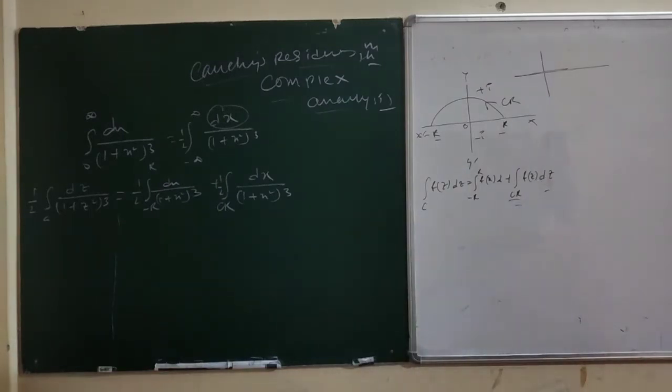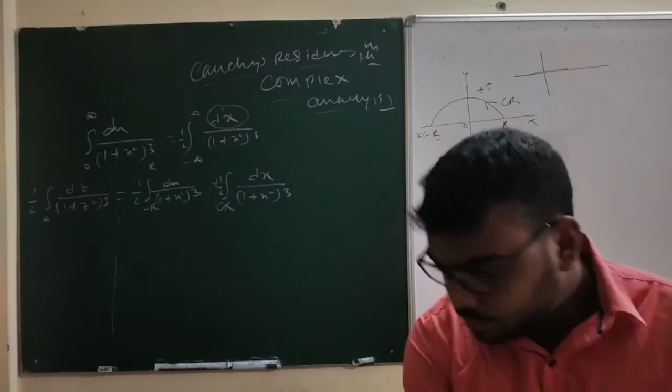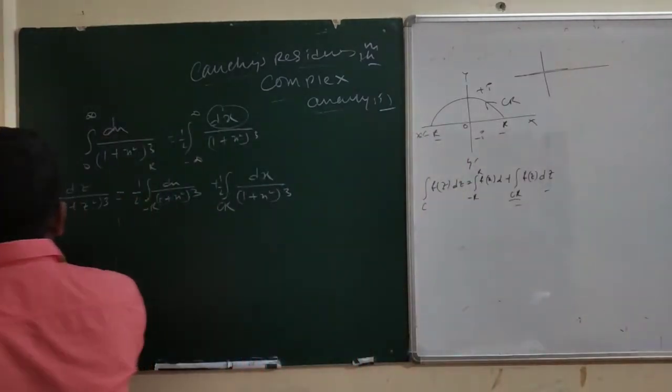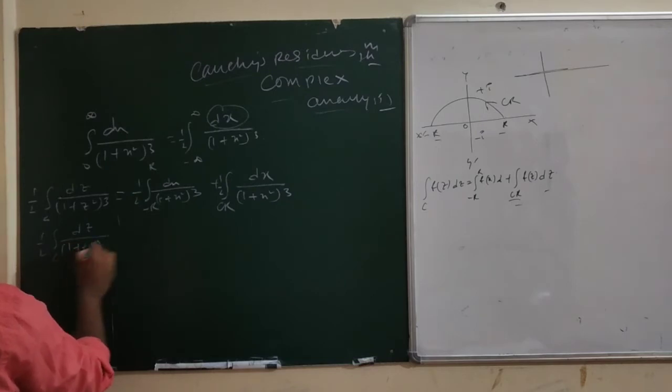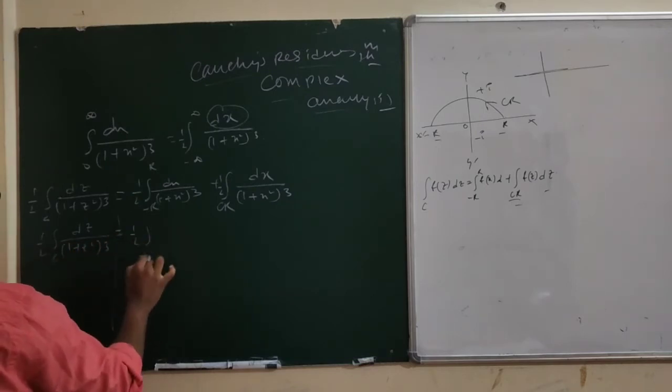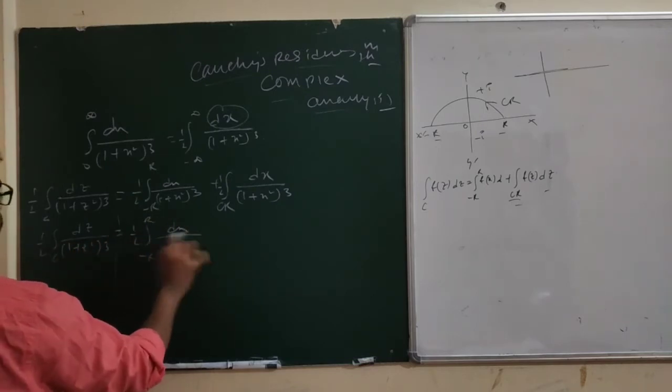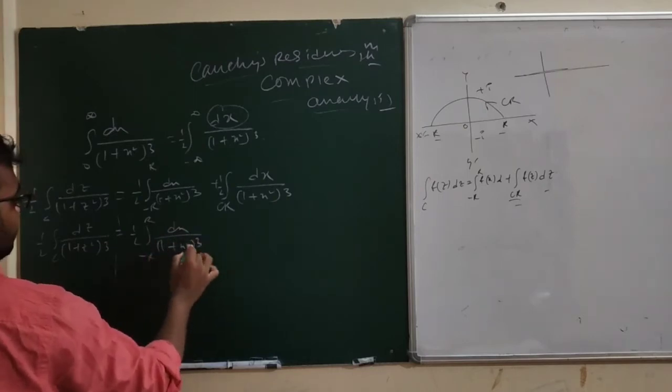So C_R will become 0. It will be half the contour integral of dz upon (1 plus z square) to the power 3 equals half the integral from minus infinity to infinity of dx upon (1 plus x square) to the power 3.